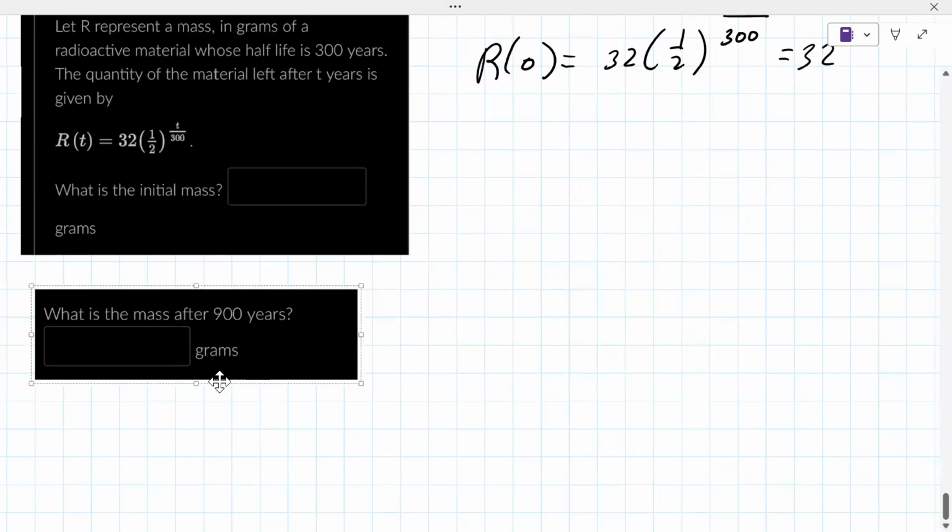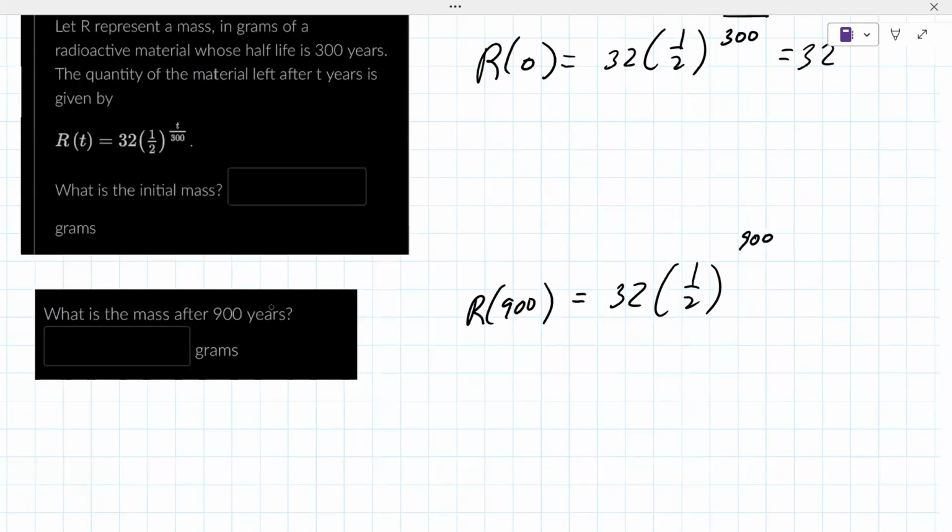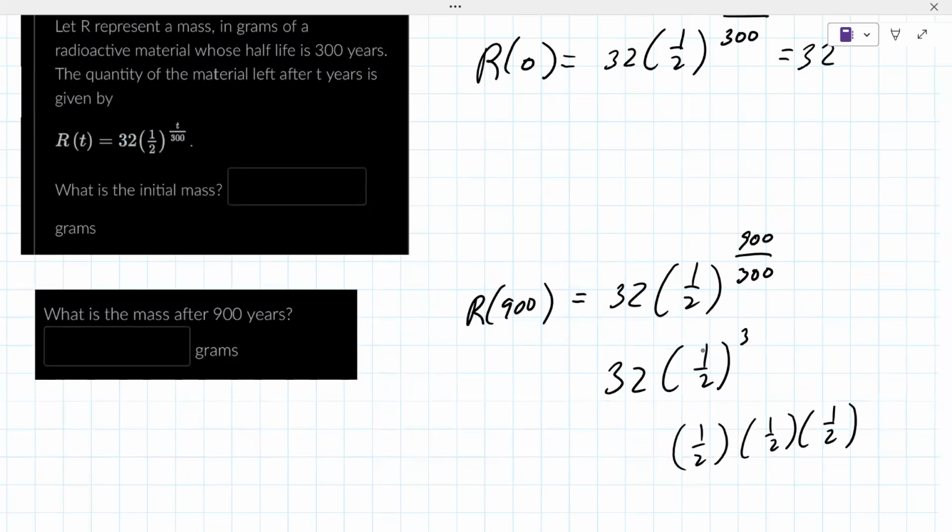All right, what's the mass after 900 years? Well, it's a long time. I don't know, I'll be around to figure that one out, but you're putting 900 in for T. So that 900 over 300 is 3. It's 32 times 1/2 to the power of 3. Think of that as 1/2 times 1/2 times 1/2. What does that become when you multiply it?